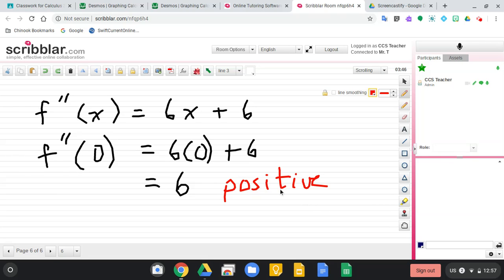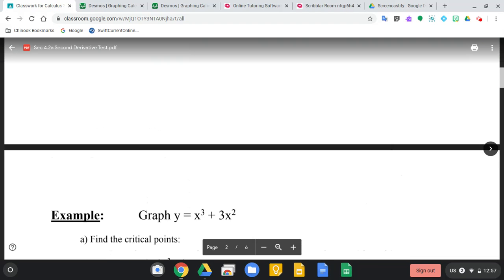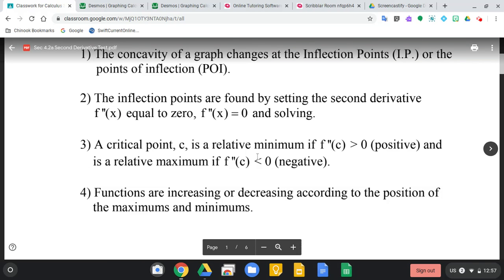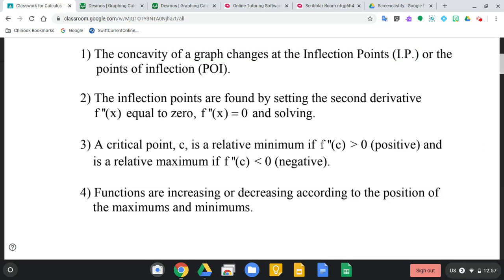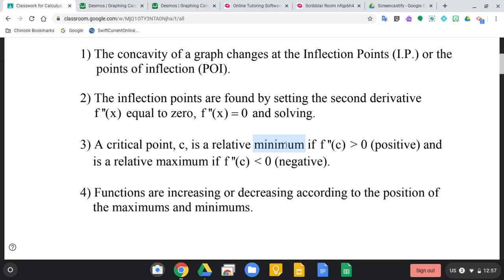And if I go back to my notes, if I go back up here, it said this: if I substitute a number into my second derivative and that answer is positive, that means this critical point is a minimum.